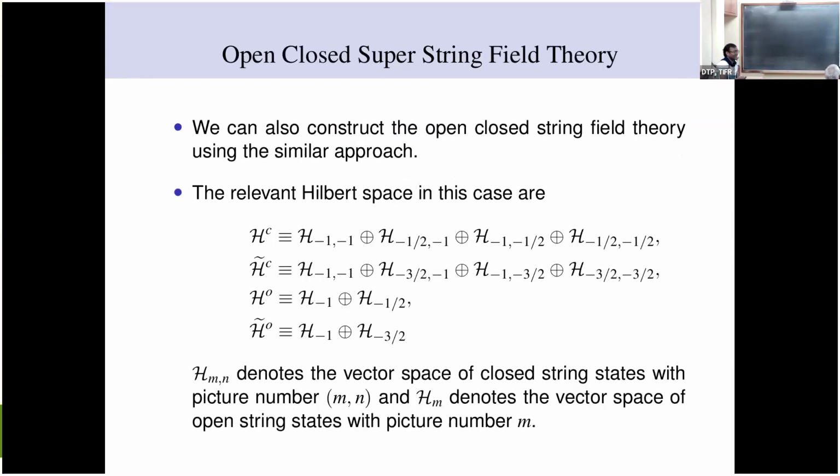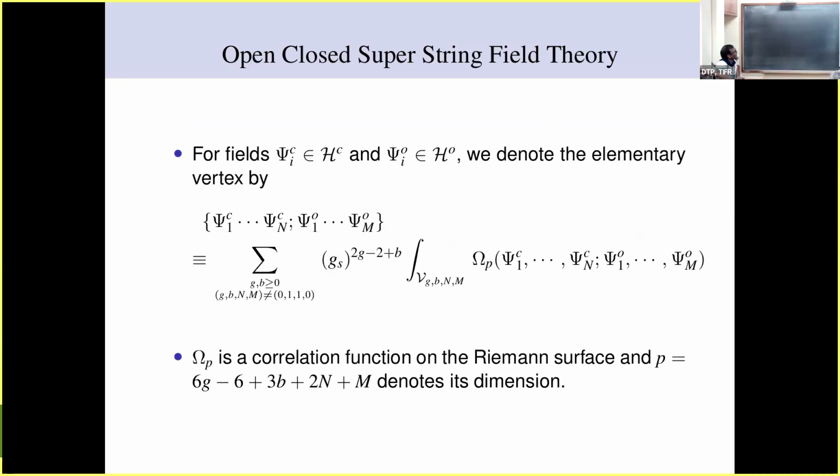And okay, I will very quickly say what is different in open-closed. So in open-closed, you have both closed Hilbert space and open Hilbert space. So again, in the open sector also, you consider these 2 picture numbers, -1/2 and -3/2, and you divide your open Hilbert sector in this way, H_O and H tilde O. And now for string vertices, you consider an arbitrary genus surface described by some genus, then some boundaries, with some open insertions and some closed insertions.